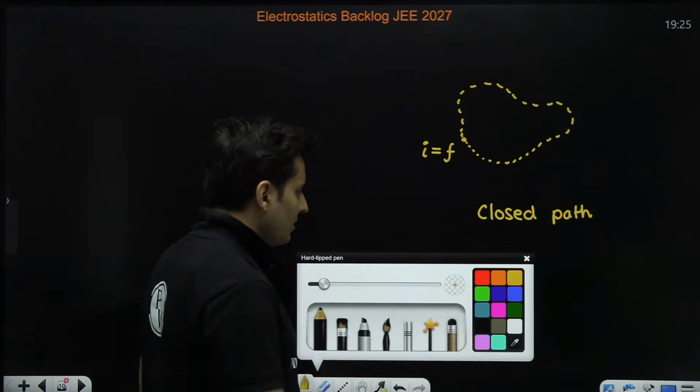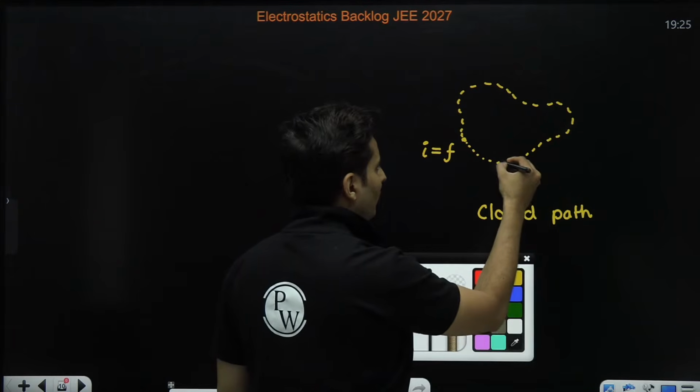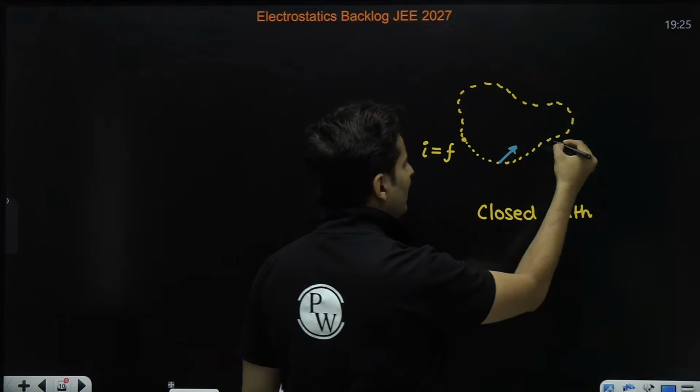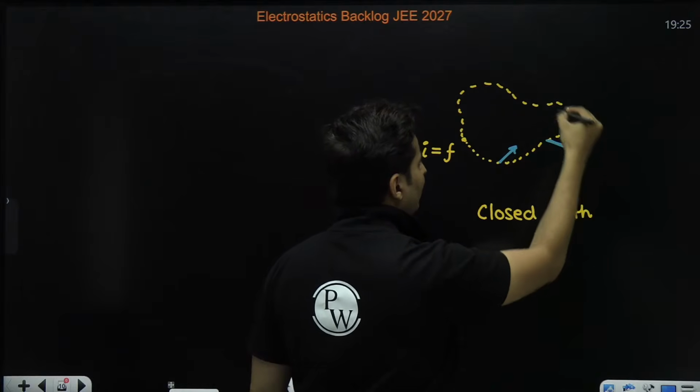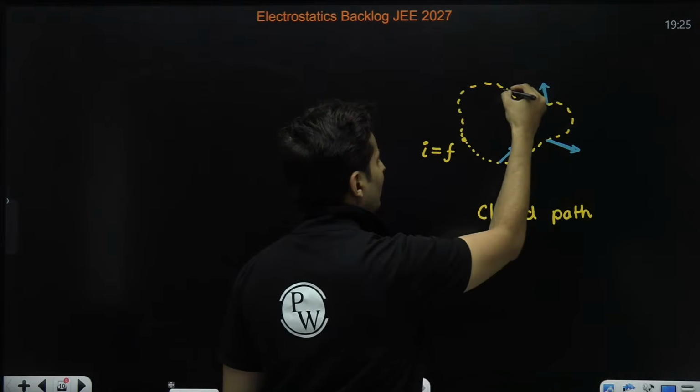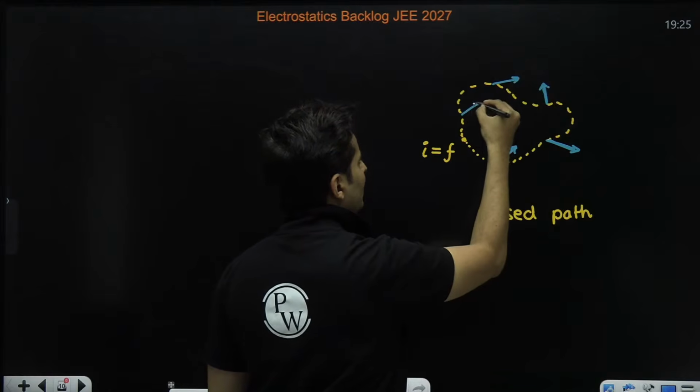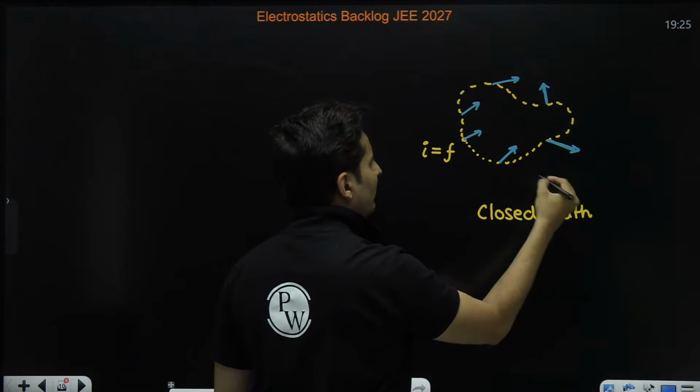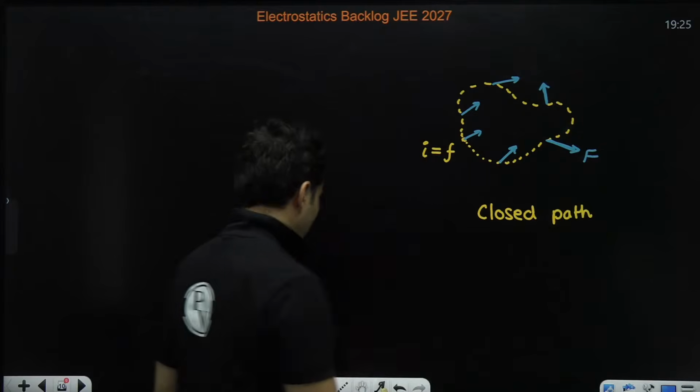Now in this closed path, there is a force which is acting. It could be constant, variable, it doesn't really matter. That force might be changing direction. God knows what it is doing, but yes, that force is there.